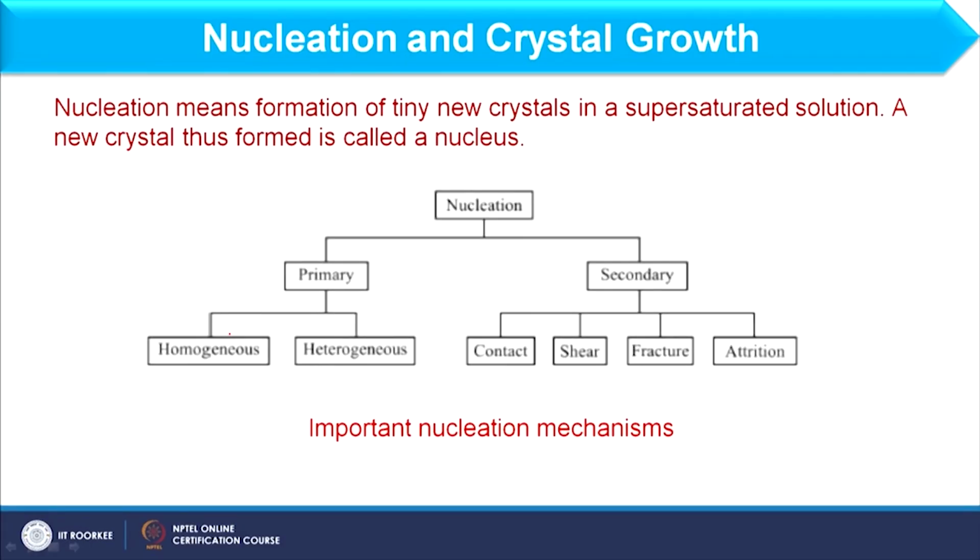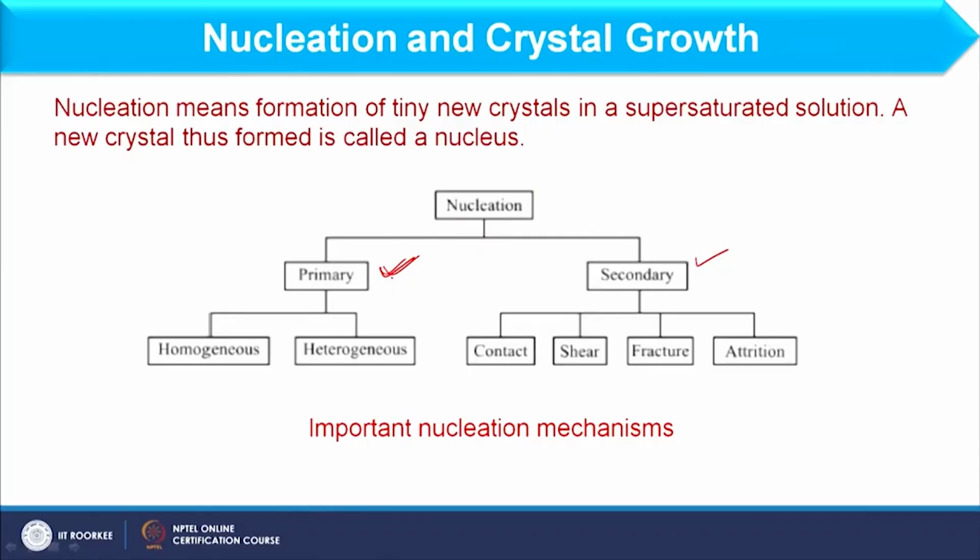As far as nucleation is concerned, we have two types of nucleation. The first is primary nucleation, and then we have secondary nucleation. What is primary nucleation? Primary nucleation is where nuclei are not available, which means the crystals are formed randomly. Secondary nucleation means some nuclei are already available, and further growth of the crystal occurs on these nuclei.